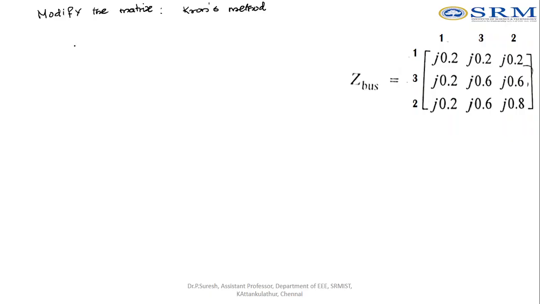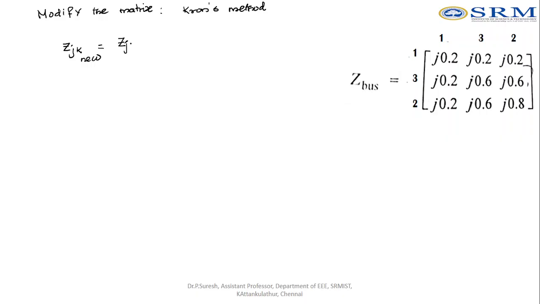In order to use Kron's method, the formula for eliminating a row and column is given by Z_JK new, because we are going to form a new matrix. This is the old matrix given to you, a 3 by 3 matrix, but we are going to form a 2 by 2 matrix, that is the new matrix. The new matrix is derived from the old matrix.